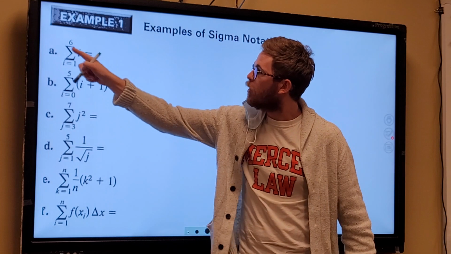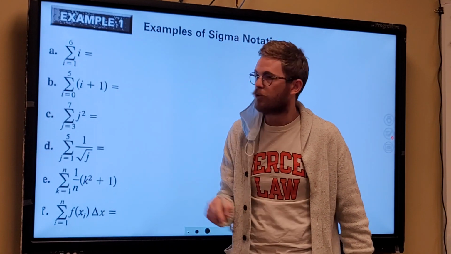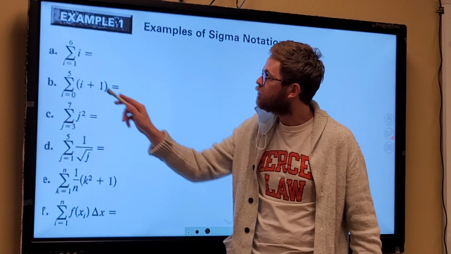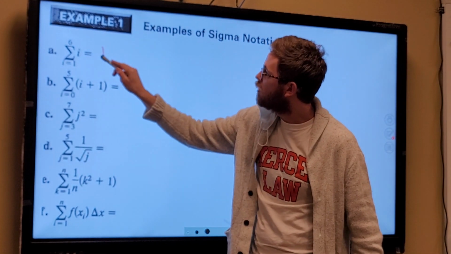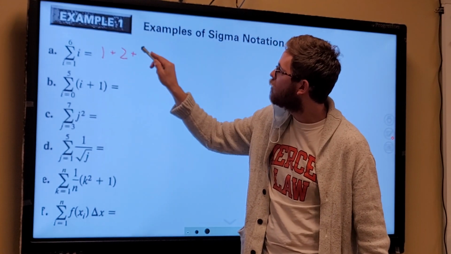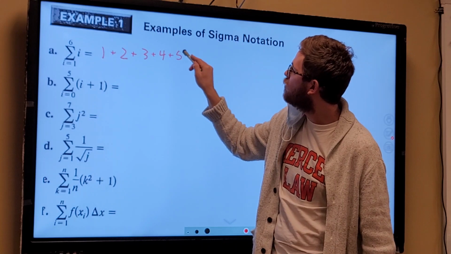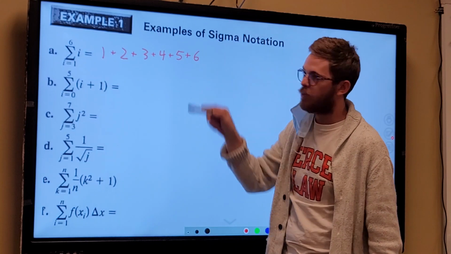Here we are summing from i equals 1 to 6. We're summing i. So that means we're going to plug in a 1. We're going to add, plugging in a 2, plugging in a 3, plugging in a 4, plugging in a 5, and plugging in a 6, where we stop.